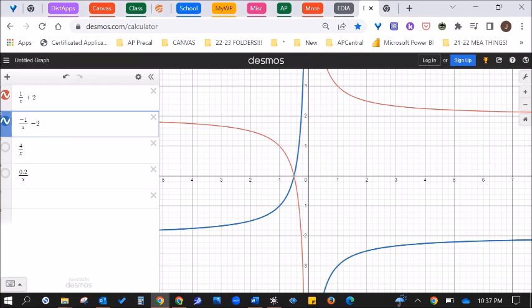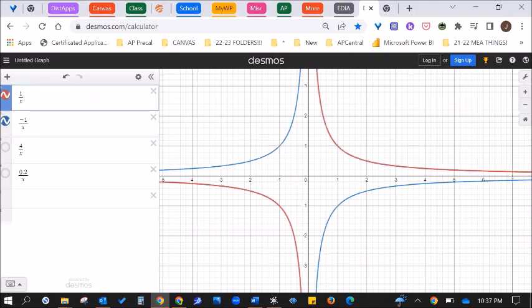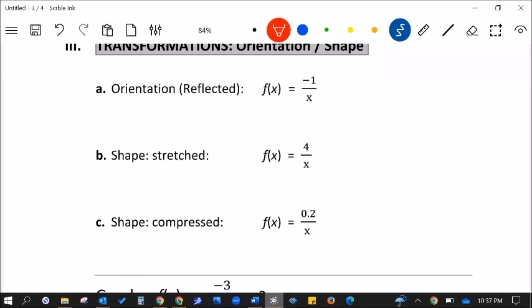Now, let's do away with those, because what I want to show you next is if it has a number up on top like that. What that shows, that's the middle one here, is that the shape is being stretched out. And if it's less than 1, like this one is, it's being compressed.